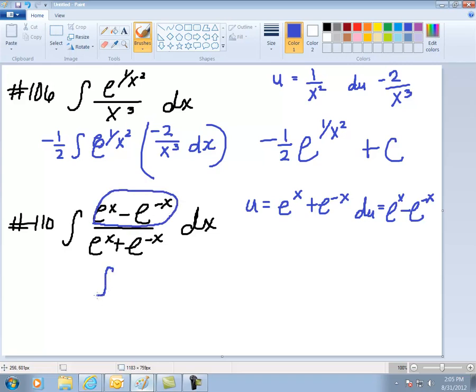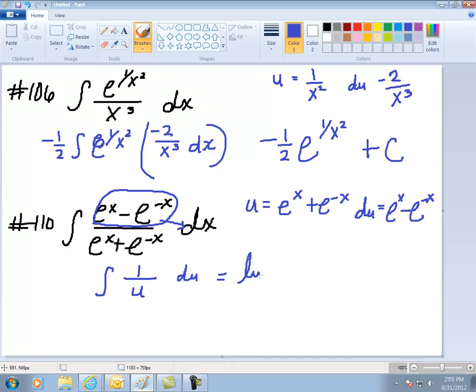So this becomes the integral of 1 over u du, okay? And now if I take this part with the dx, that's my derivative, okay? So do you remember what the integral of 1 over u is? Well, that's where our natural log comes into play.